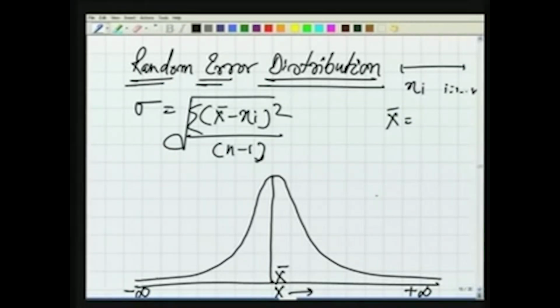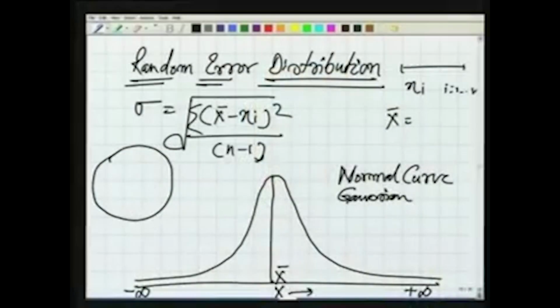Now this curve, what does it show? We will talk about it. This is basically called the normal curve. Also it is called the Gaussian curve. Many times it is called the bell shaped curve because it has the shape of a bell. Now what is the meaning of this? We saw earlier also how our random errors are distributed.